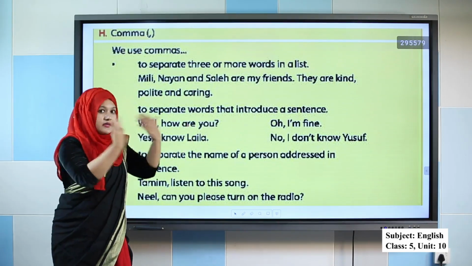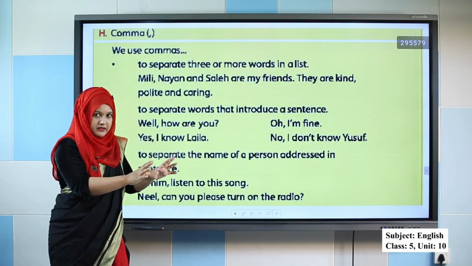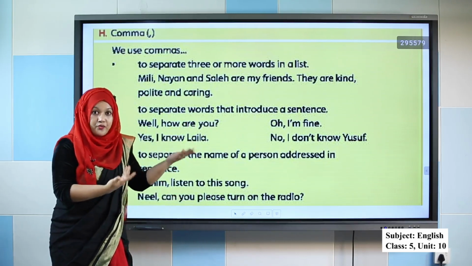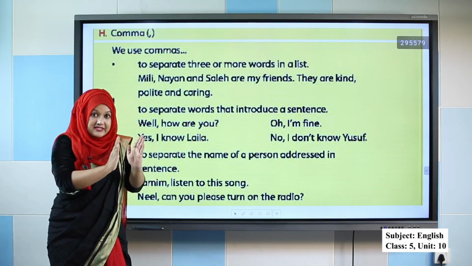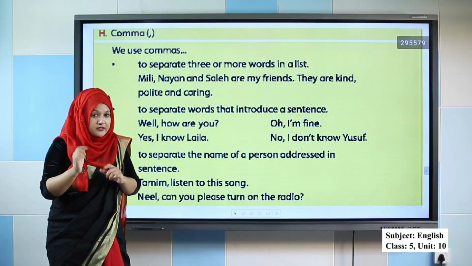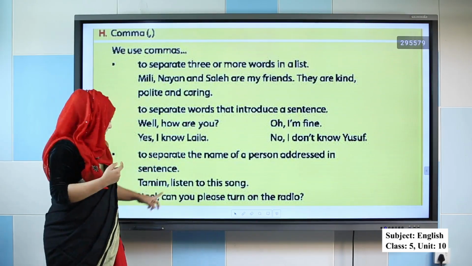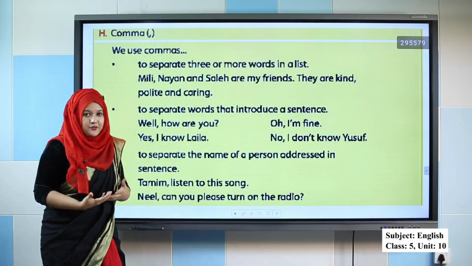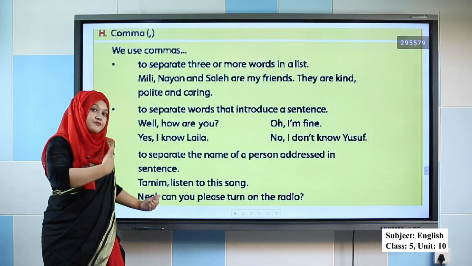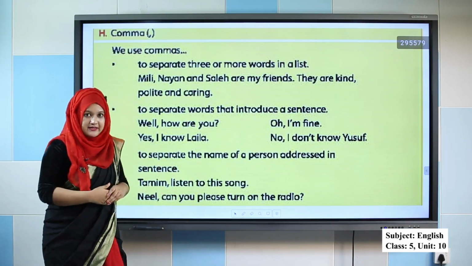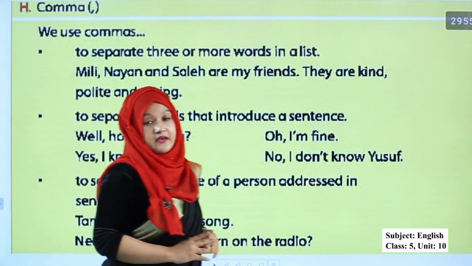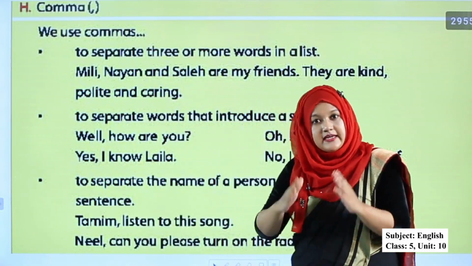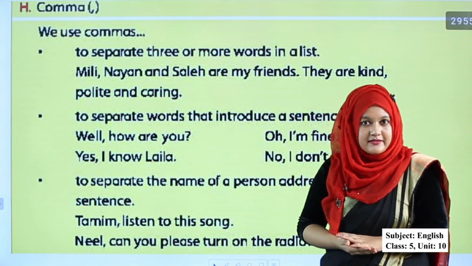Then we ask for something. Neil, can you please turn on the radio? So we need to separate the name of the person with this punctuation mark, comma, right? So we use comma here after the name of the person. And these are the rules we learned in our previous lesson.